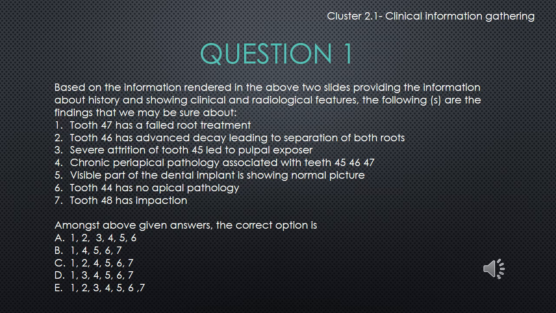Visible part of the dental implant is showing a normal picture. 6. Tooth 44 has no apical pathology. 7. Tooth 48 has impaction. Amongst the above given answers, the correct option is A, B, C, D, E.